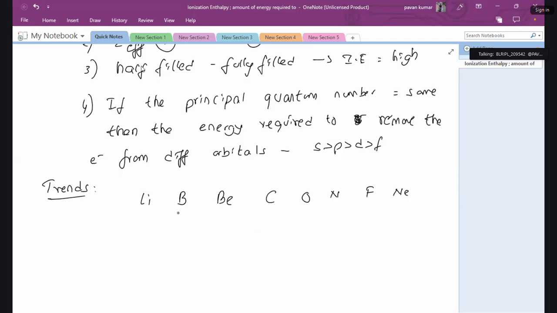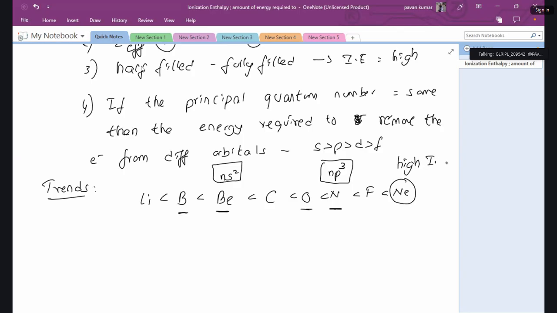If you observe this, I have written these two elements in a different way. Because beryllium's outermost electron configuration is ns2, and nitrogen's is np3. Means this is a helium-like configuration, and this is a half-filled configuration. That is the reason ionization energy is a bit high. And this is the order, less than symbol. So including the inert gas, neon has the highest ionization enthalpy.